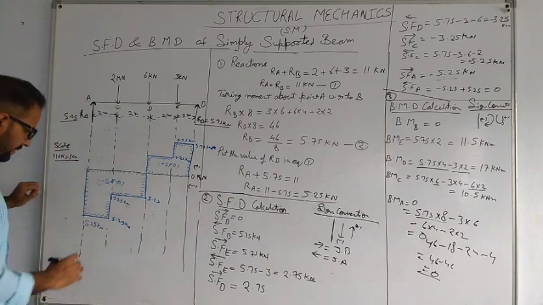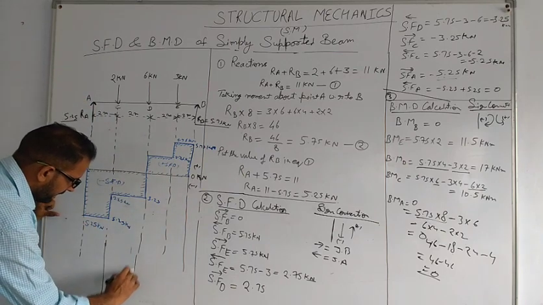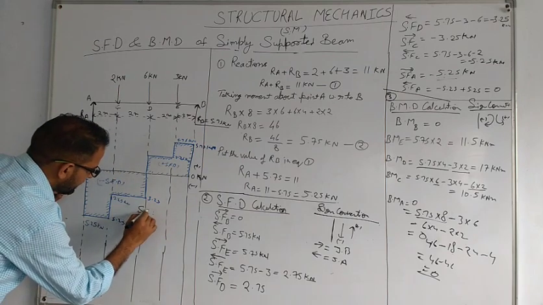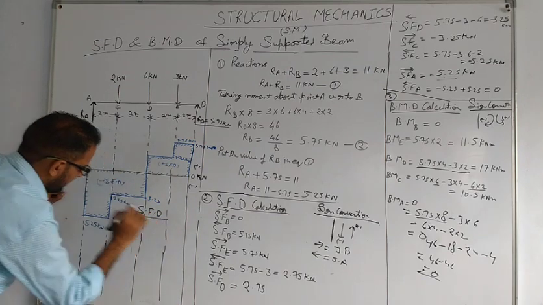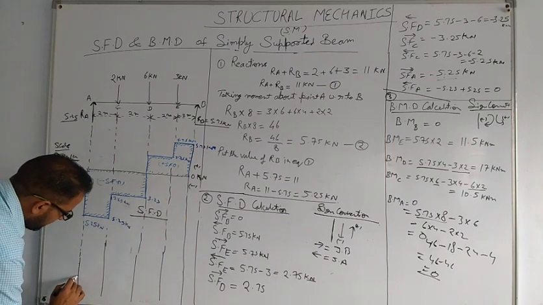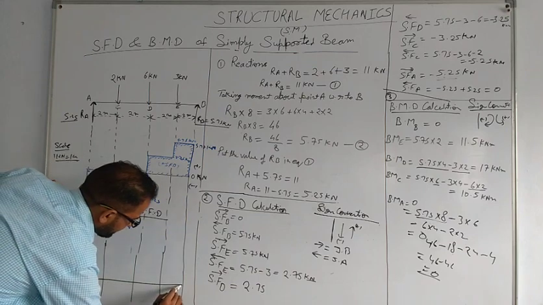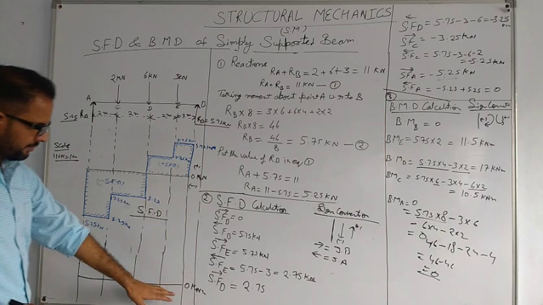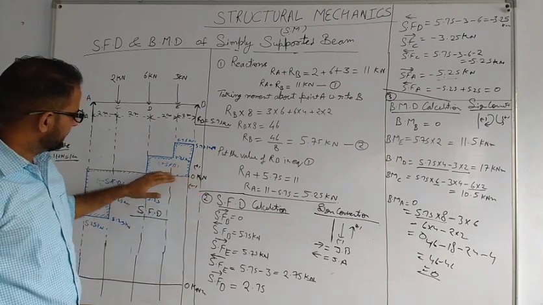So now we will plot again the bending moment diagram. This was the static shear force diagram. And now for the bending moment diagram again we will plot a 0 kilonewton meter line, as we have plotted the 0 kilonewton line in shear force.